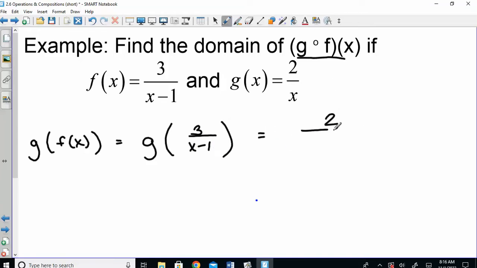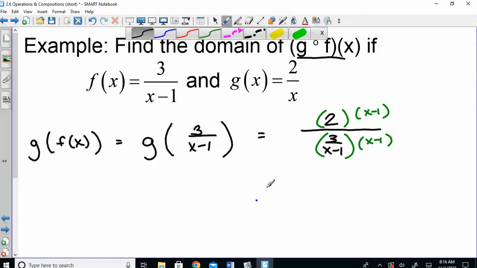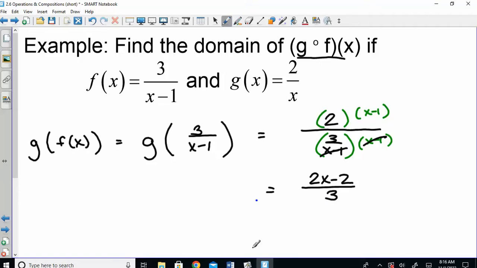If I put that into g, I get 2 over 3 over x minus 1. So what's my shortcut for getting rid of that? On the top, we get 2x minus 2. On the bottom, the x minus 1's cancel and just give me a 3. So that's my composition.